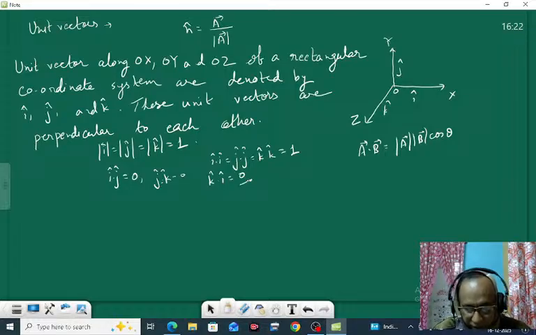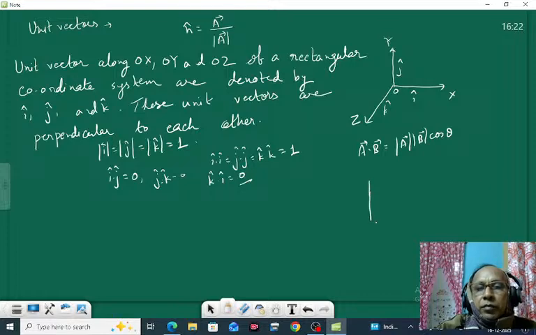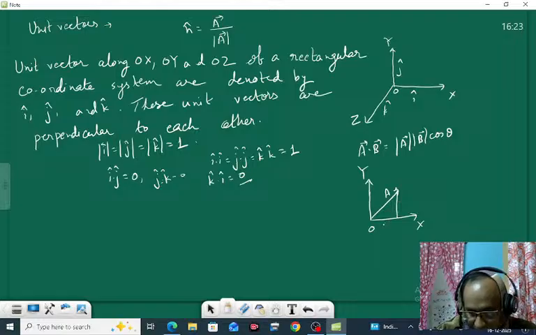So if we represent vector A in the xy plane, suppose there is a two-dimensional plane, this is OX, this is OY, and there is a vector A. We represent it here as this is AXi, and this is AYj vector.